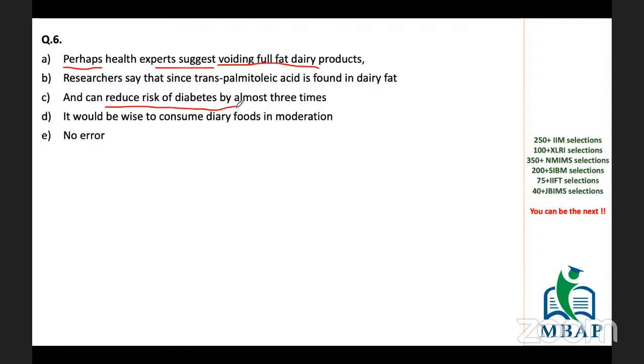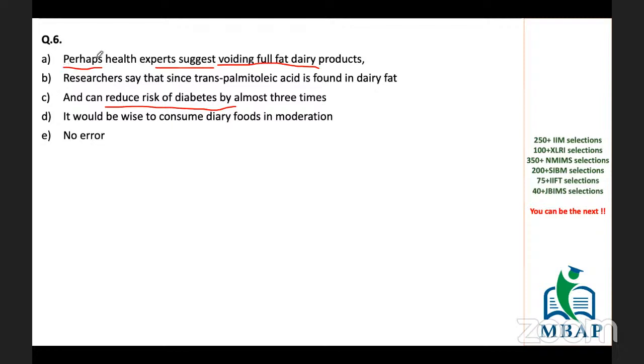So we are basically coming up with contradictory information. Whenever we talk about contradictory information, perhaps is not the correct word to use. Perhaps is mostly used for showing the possibility of something. So the correct word should be whereas.